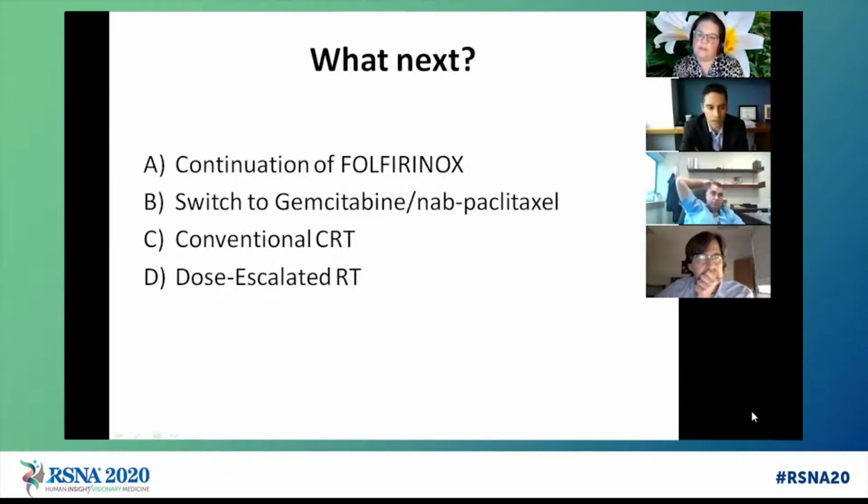So a lot of times we will even, to first order, consider consolidation radiation just to capture the benefit of the tumor size reduction that we've achieved with chemotherapy.